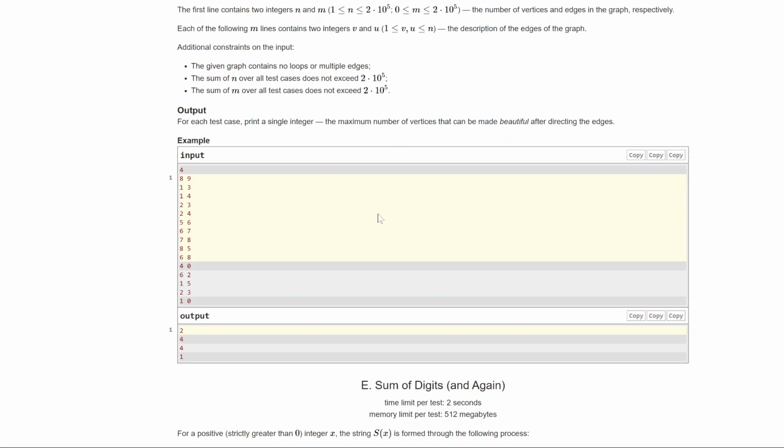One outward, one inward. So this will be outward, this will be inward, this will be outward, this will be inward. No, I got it wrong. Okay, yeah. Two incoming, two outgoing, two incoming, two outgoing.